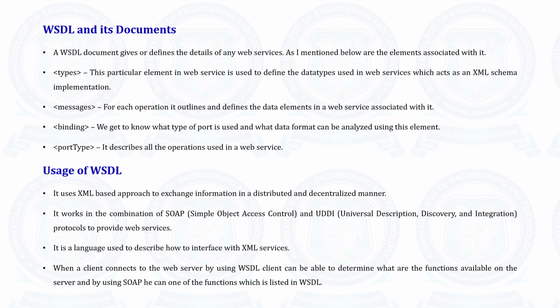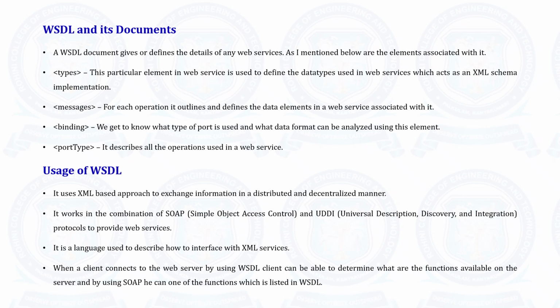Message: for each operation, it outlines and defines the data elements in the web service associated with it. Binding: we get to know what type of port is used and what data format can be analyzed using this element. Port type: it describes all the operations used in the web service.